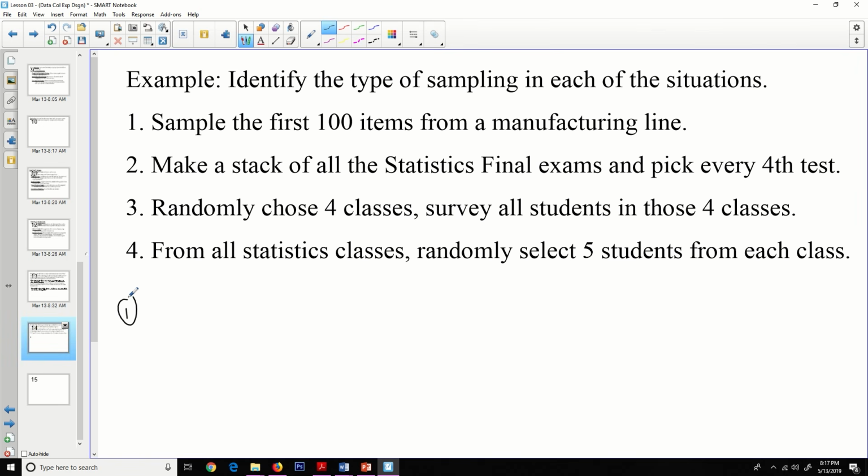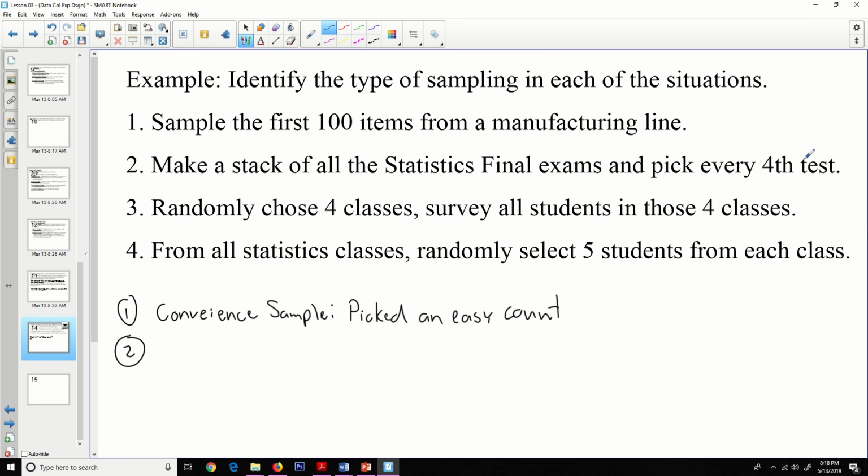1, this is clearly a convenience sample. They just pick something easy. Number 2, make a stack of all the statistics final exams and pick every 4th test.